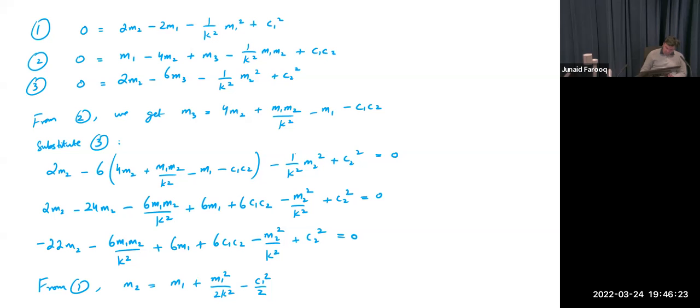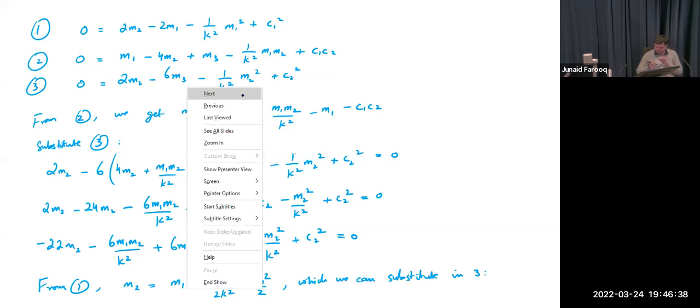Okay, which we can substitute in 3. So I think it's going to get a little messy. I'm not sure if I'm making mistakes here, but this is included as part of the homework, so you can solve it in a cleaner way.